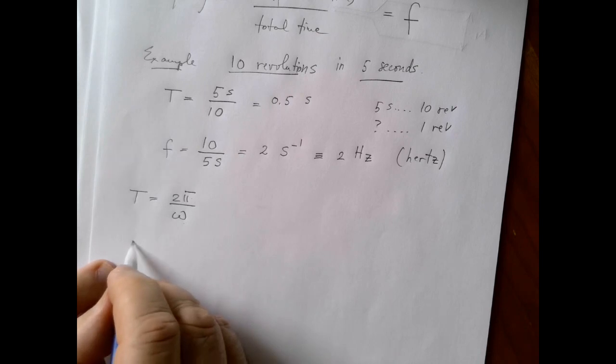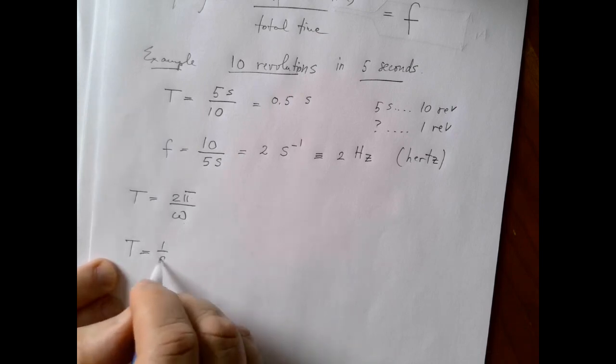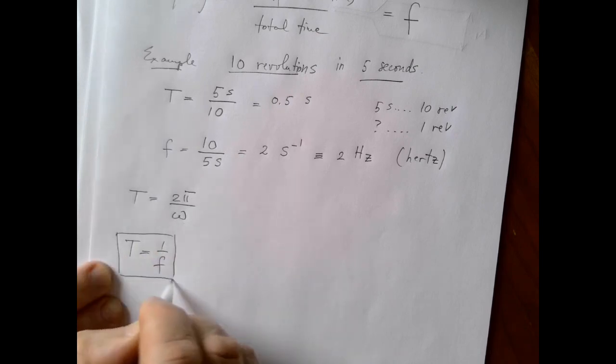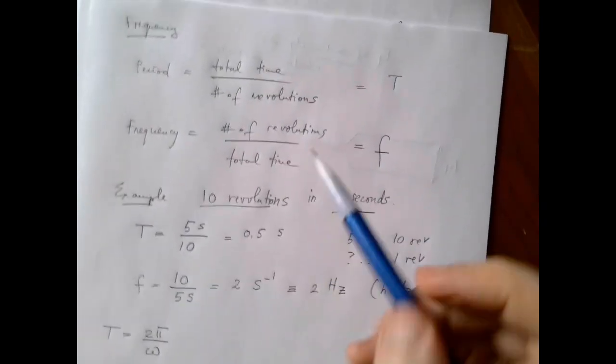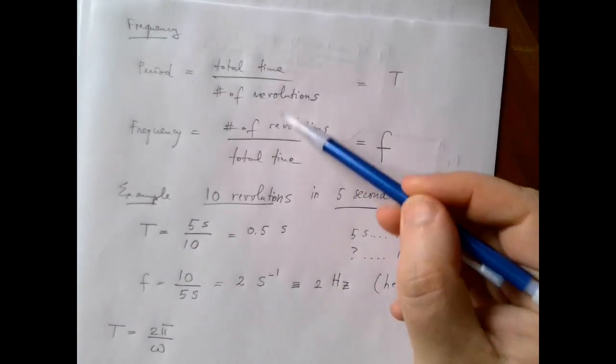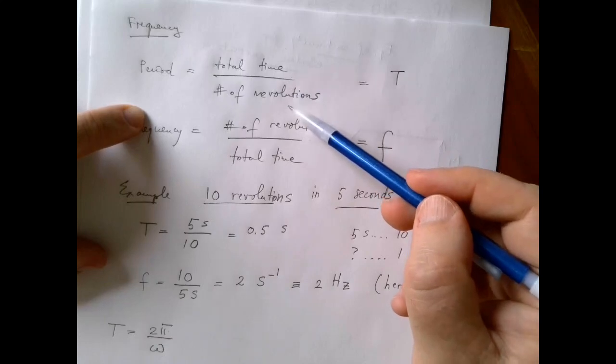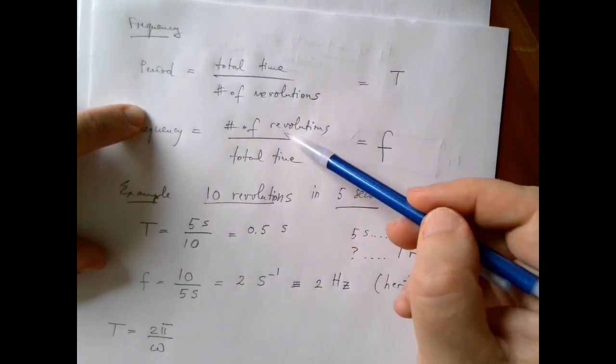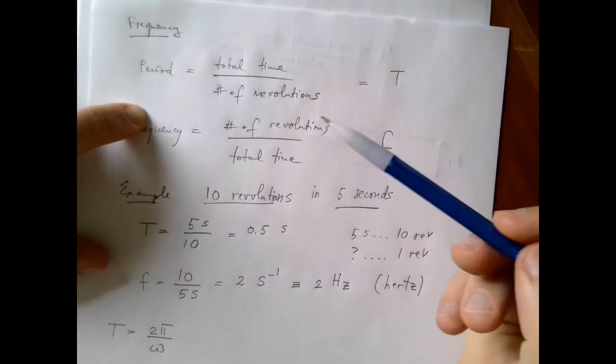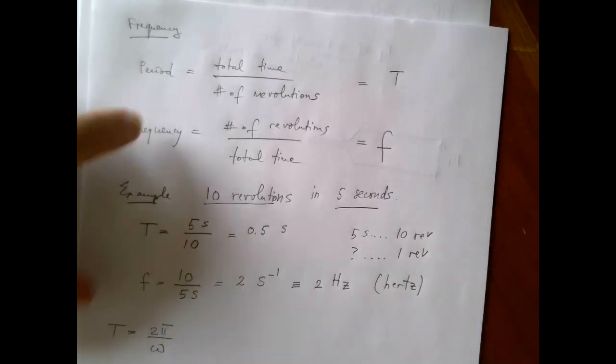So our previous equation that related period to angular speed, T is 2 pi over omega, the angle swept over the angular speed. If I look at the fact that the period is 1 over frequency, time divided by the number of revolutions, or number of revolutions divided by time, they're clearly the inverse of each other.